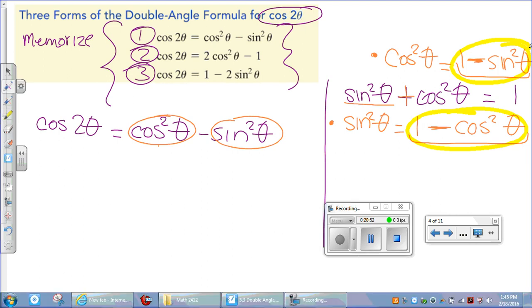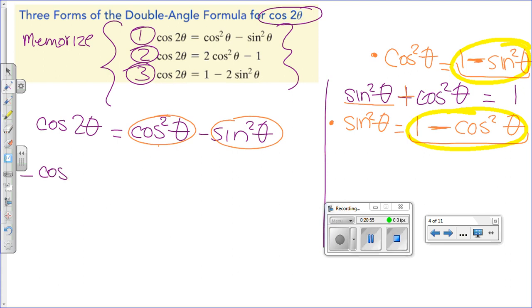Okay, so the first one will be cosine of 2 theta is the same as, instead of cosine squared theta, what should I substitute it with, Lorenzo? Look at what's circled on the top. On the right side of the equal sign? 1 minus sine squared theta.